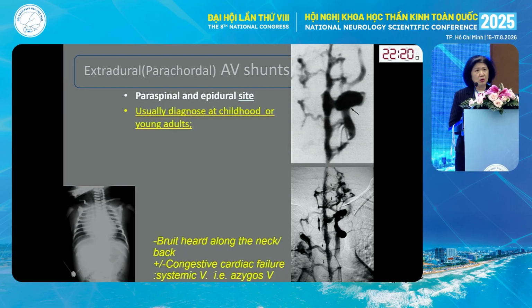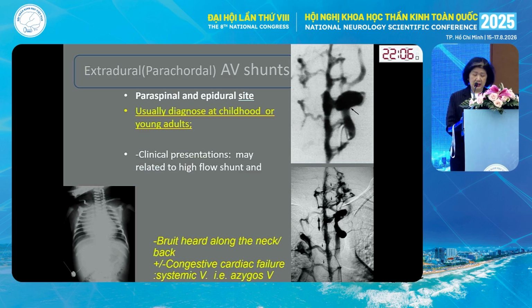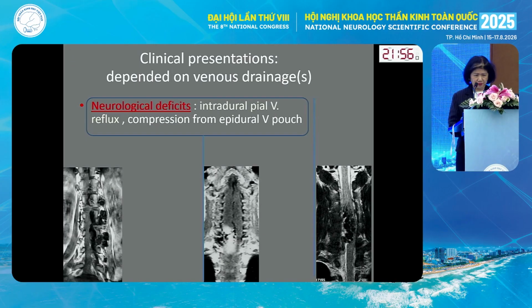The symptoms are usually just bruit, heard along the cervical spine or the back of the patient. Some of them may have congestive cardiac failure in the young age group because of the high flow shunt. But mostly the clinical presentation is related to the venous drainage, for example, steal, compression, or systemic effects.